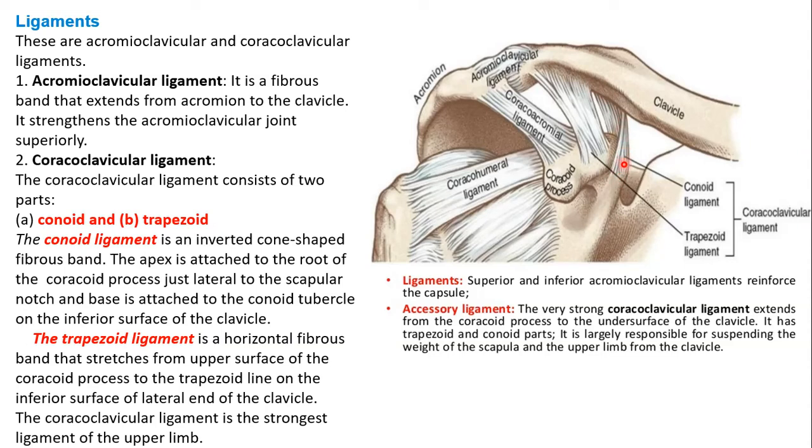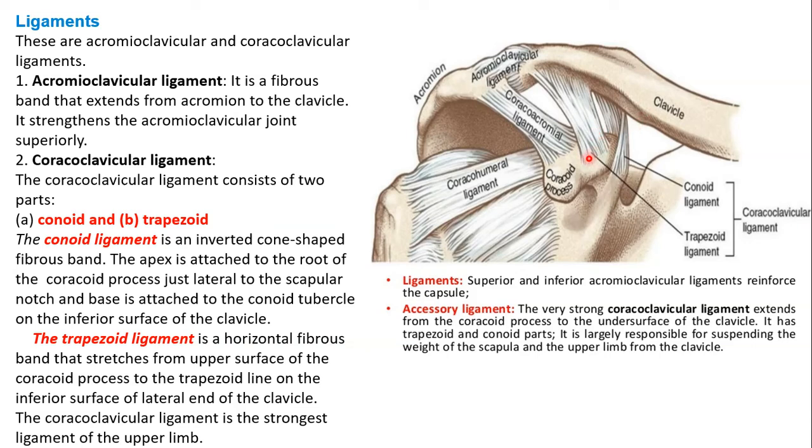The apex is attached to the root of the coracoid, lateral to the suprascapular notch. This is the suprascapular notch. So it is attached at the lateral part, and then goes to, as the name indicates, the conoid tubercle, which is present on the inferior surface of the clavicle.